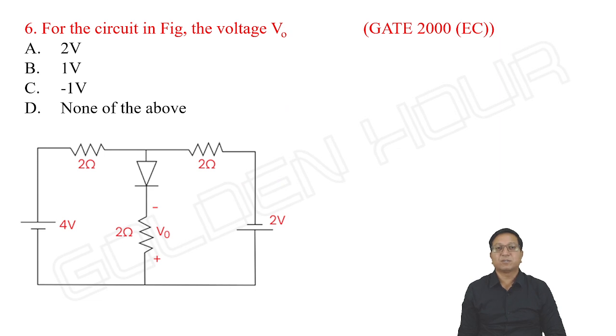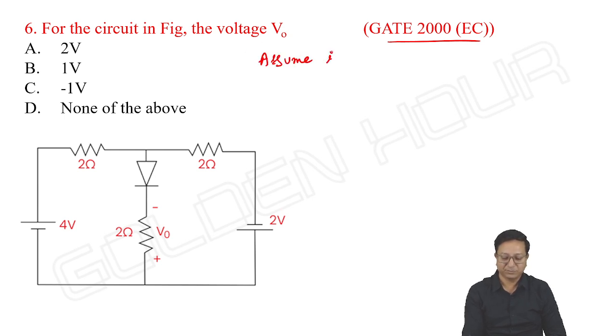For the circuit shown in the figure, the voltage VO is... Anyway, it is a question asked in previous GATE papers. Okay. Here also, as nothing is mentioned about the diode, assume ideal diode. After that, what about the status of the diode?